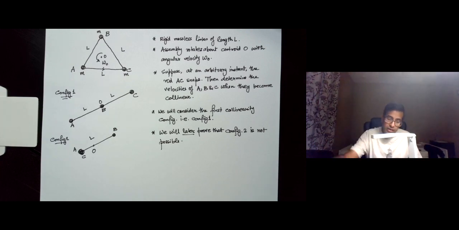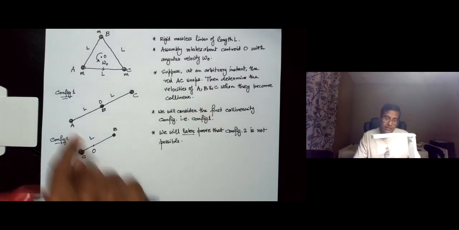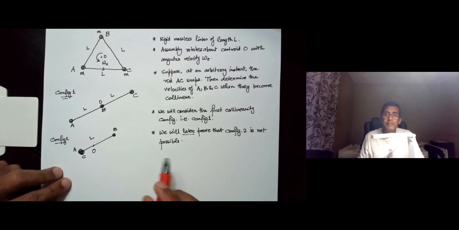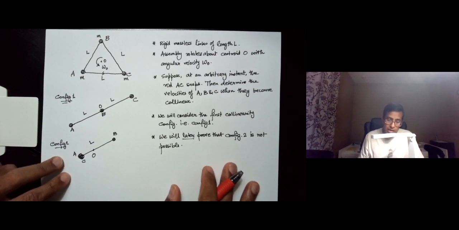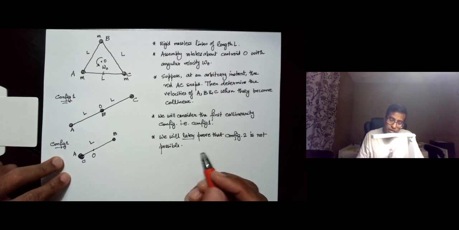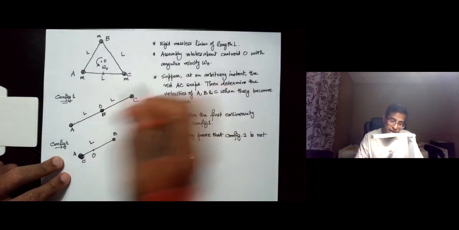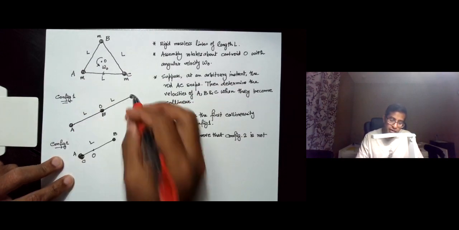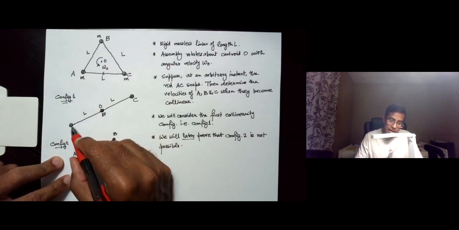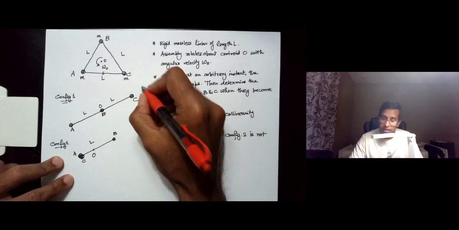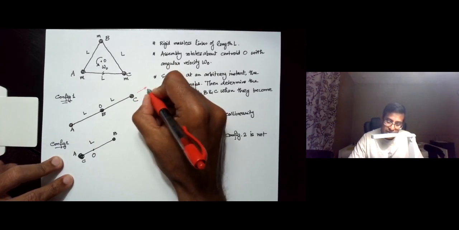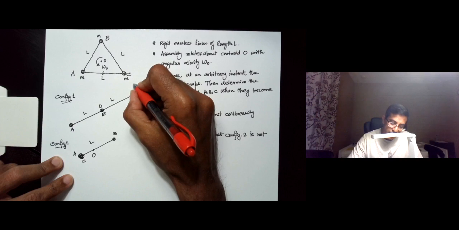So now if we consider this collinearity, then one thing that we can see is that when this configuration occurs, let's say that this direction is some direction x prime.